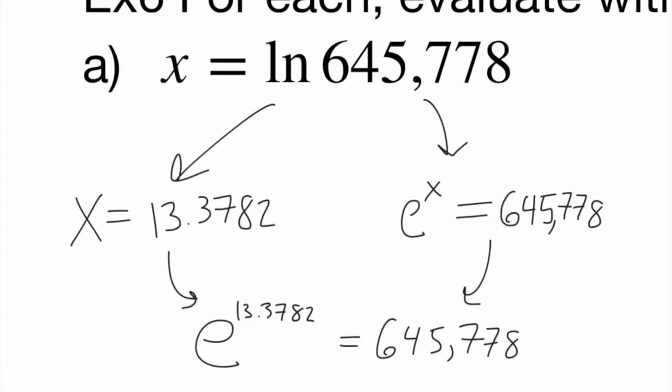And the way you use a calculator is you say x is going to equal, you type all this into a calculator, you hit enter, and it gives you the value of x, 13.3782. You can interpret that as being the necessary exponent. e to all of this number will give you what you're looking for. It will give you this power.